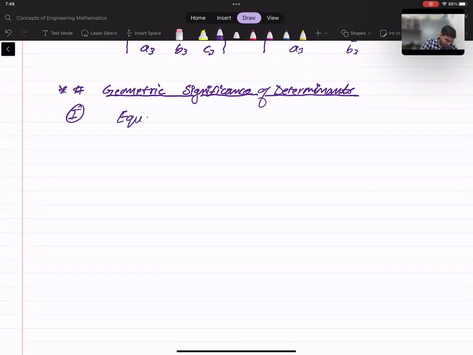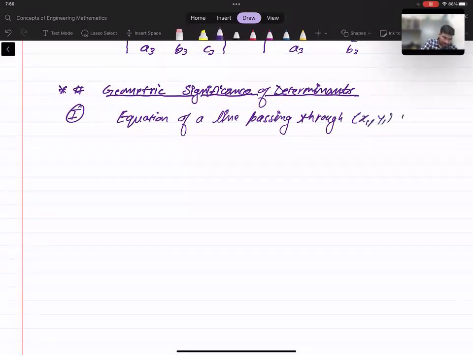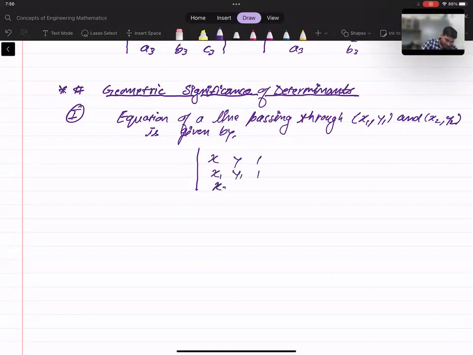So the equation of a line passing through, say, x1 comma y1 and x2 comma y2 is given by the determinant x y 1, x1 y1 1, and x2 y2 1, and equate this to 0.